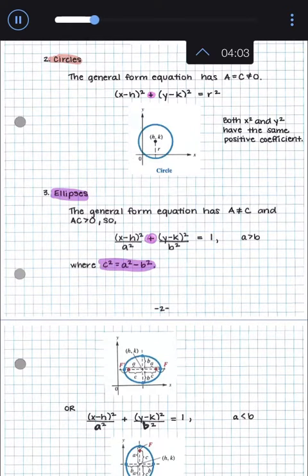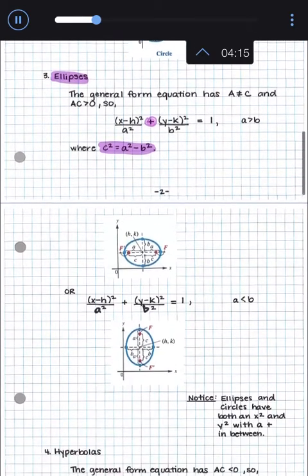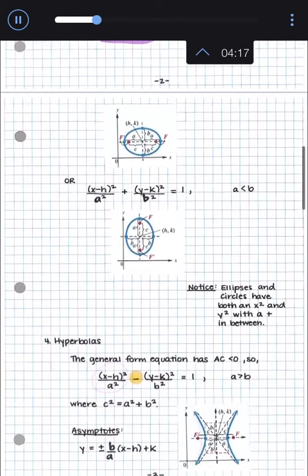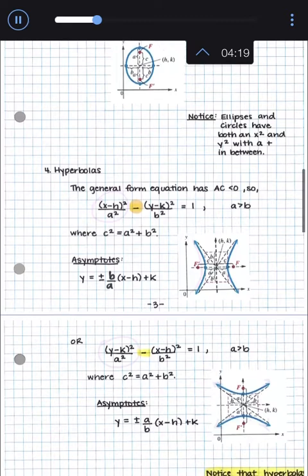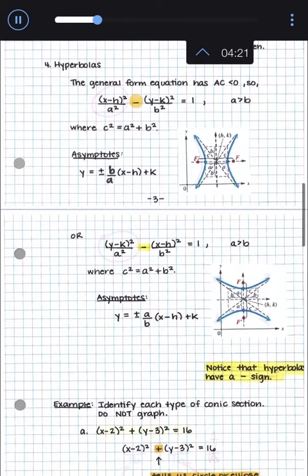And for hyperbolas, they're kind of their own little beast with, instead of a plus, you will have a minus between your x squared and your y squared. Be careful with the hyperbolas, though. It does matter which comes first before the minus sign.